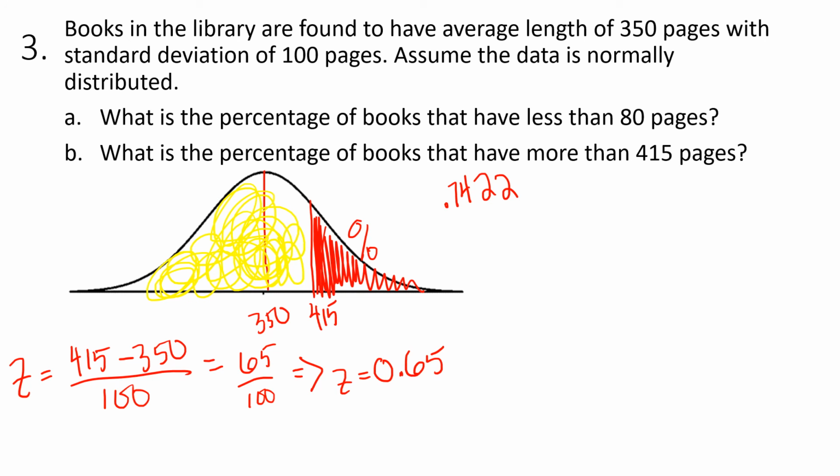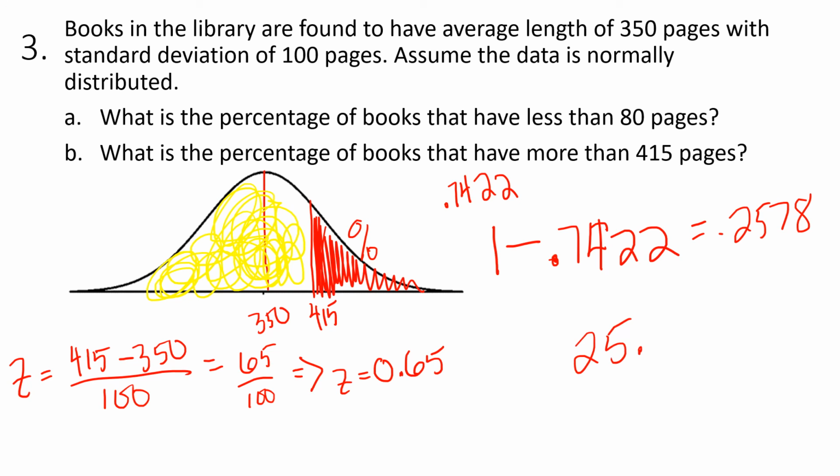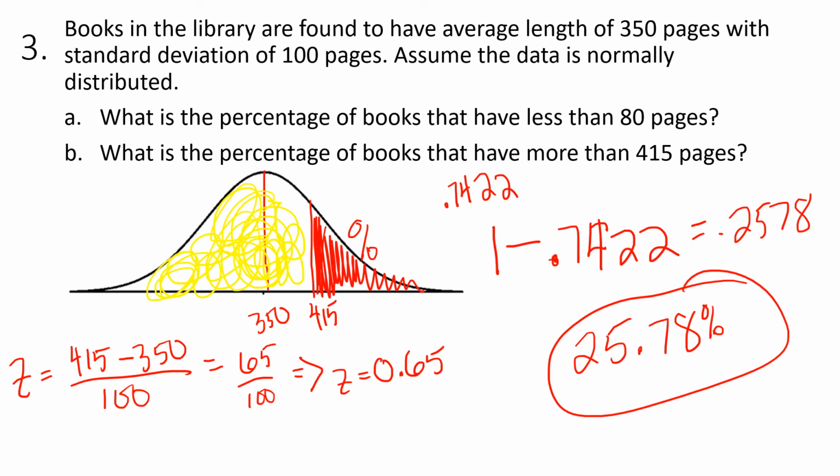So if I want to find the percentage that falls to the right of my value of 415, that means that I have to take 1 minus 0.7422. So in my calculator, I have to take 1 minus 0.7422. And we should have gotten 0.2578, which means that 25.78% of the books have more than 415 pages.